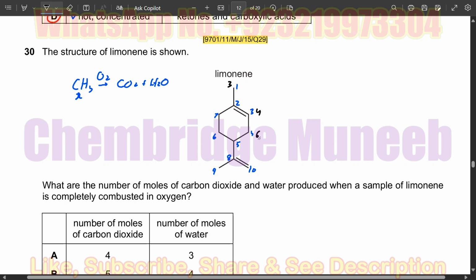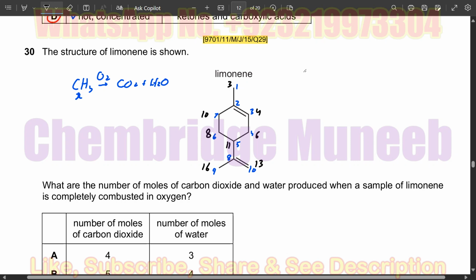Then 2 over here, it will become 6, and we have 2 at position number 6, so it becomes 8. At position 7, there are another 2 atoms of hydrogen, so 10. At position number 5, we have just 1 hydrogen atom, so 11. Position number 8 has no hydrogen, whereas position number 9 has 2 atoms, so 11 plus 2 gives 13. And there are 3 more hydrogen atoms, so in total there are 16.